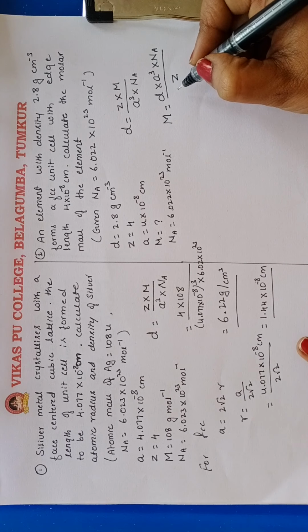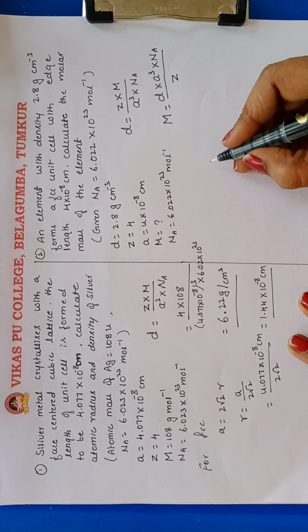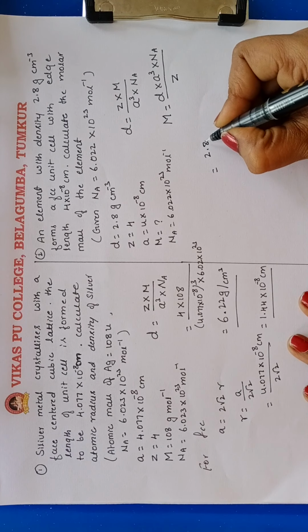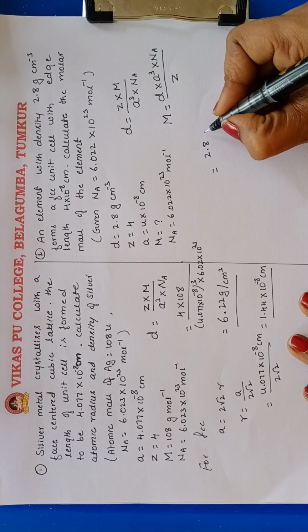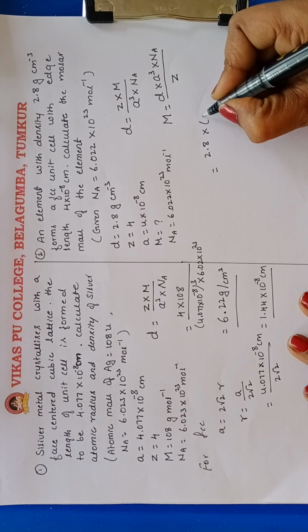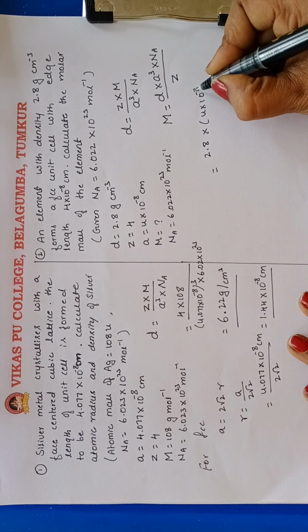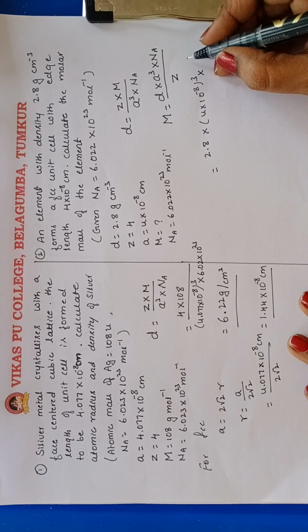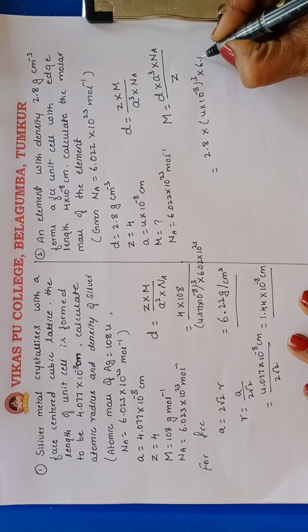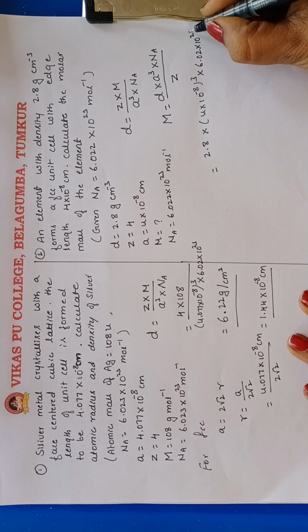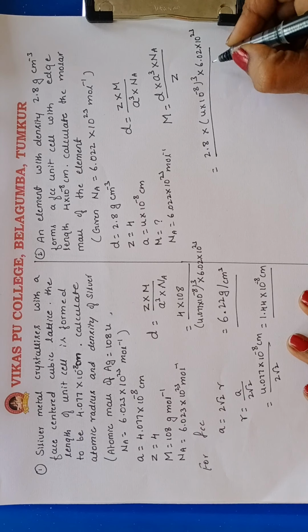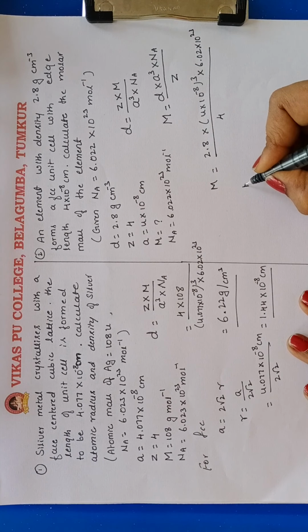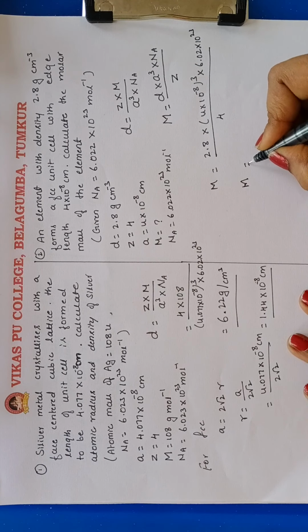Then the D value is 2.8, into A cube, that is (4 × 10^-8) whole cube, into Avogadro's constant 6.022 × 10^23, divided by Z, which is 4.